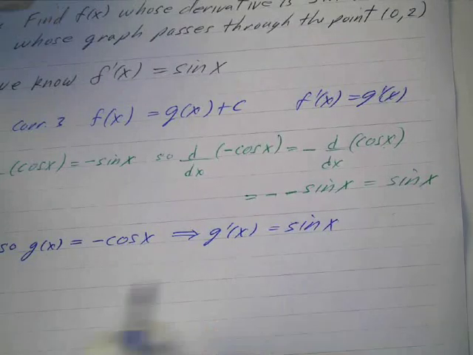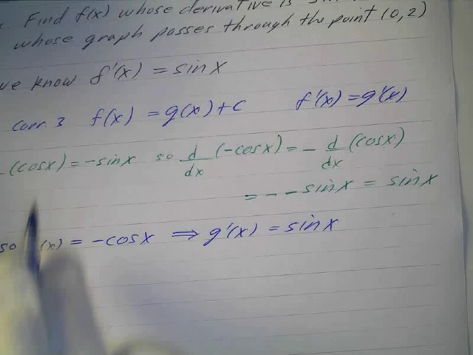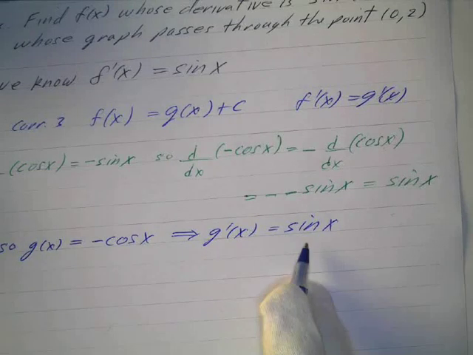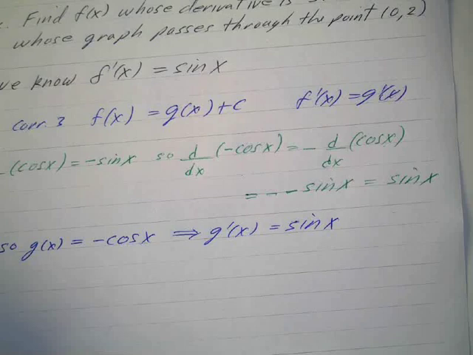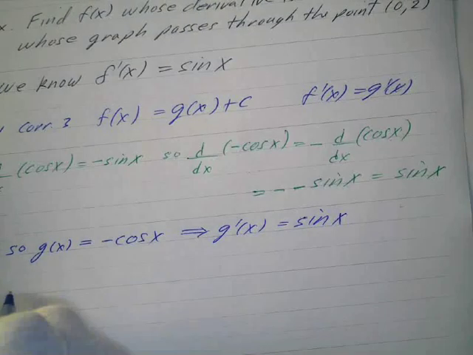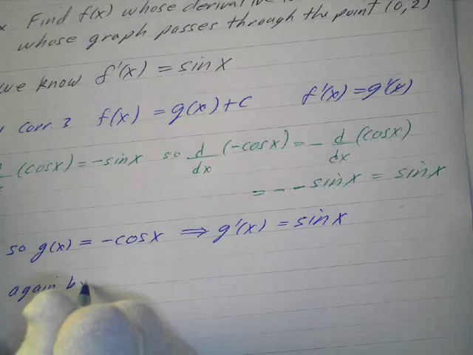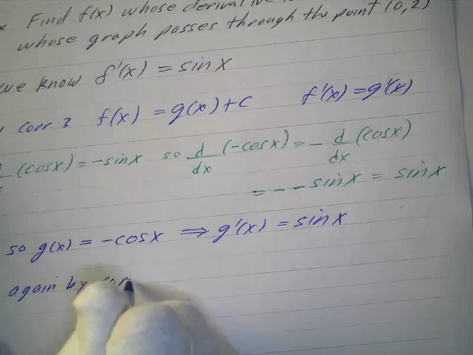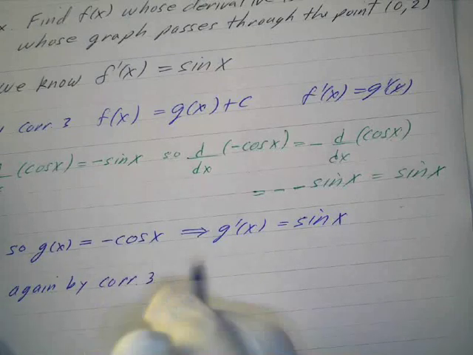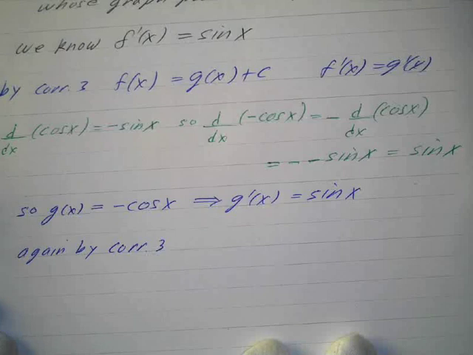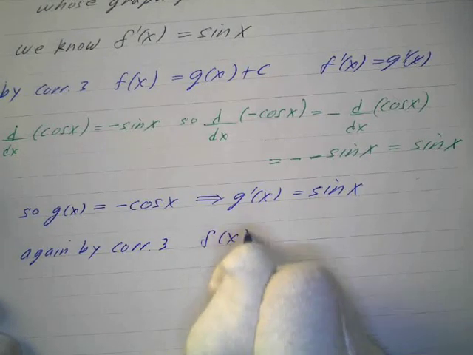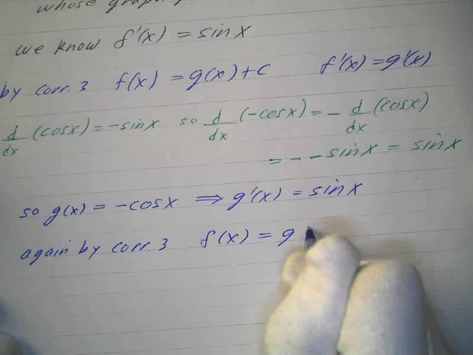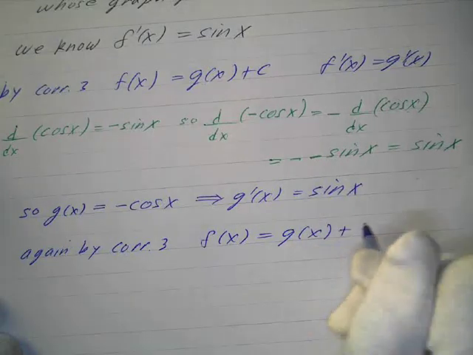So now we've got two functions, g of x and f of x, that have the same derivative, sine of x. But again, by corollary 3, we know that f of x equals g of x plus some constant.